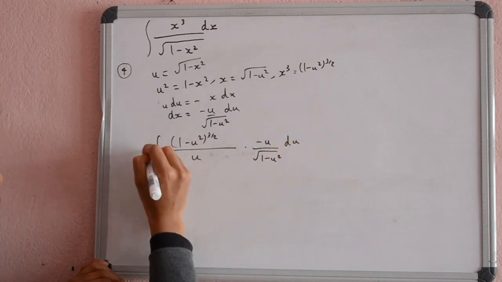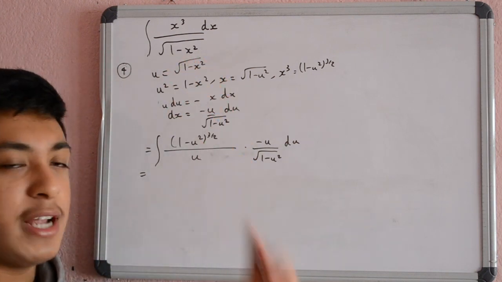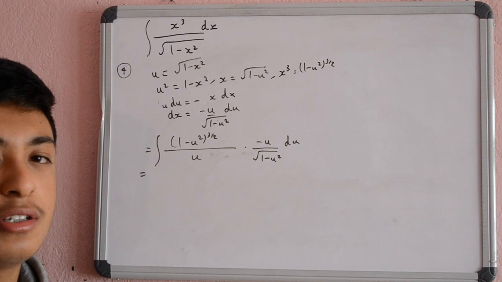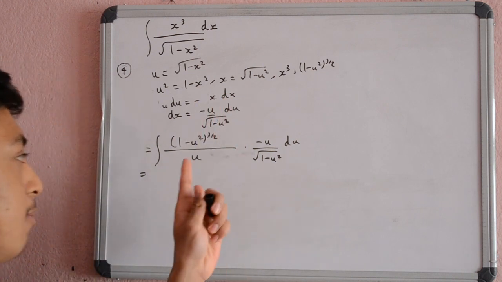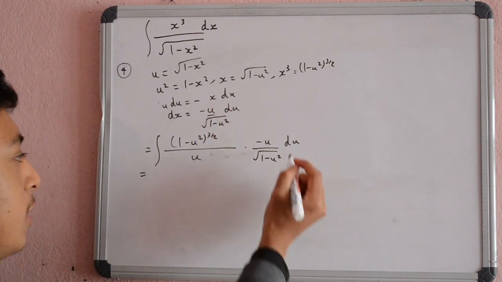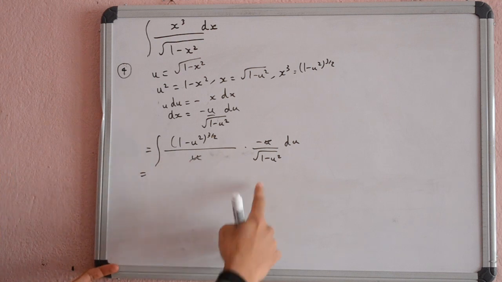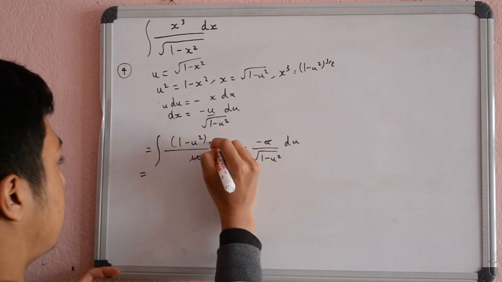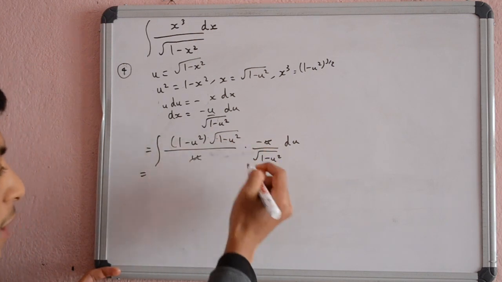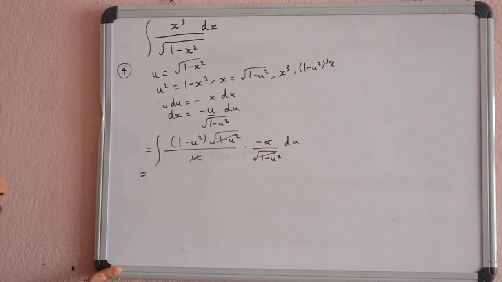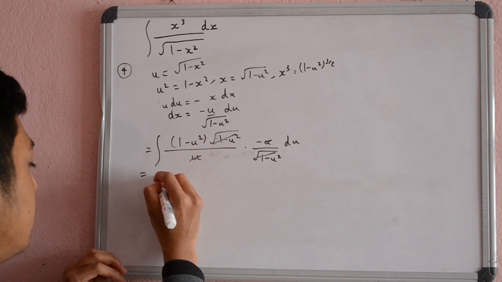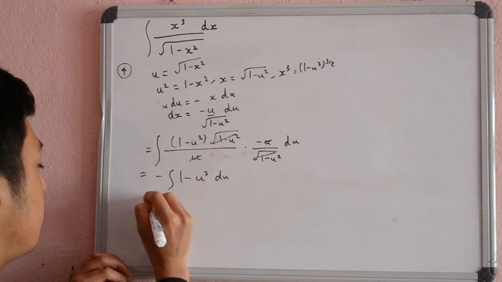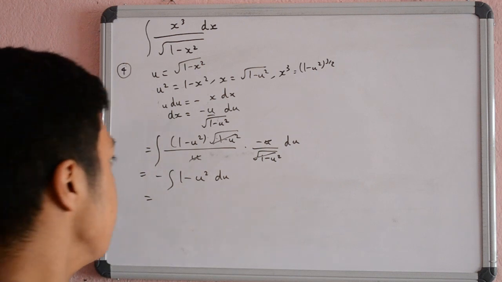So the substitution part and then doing the differentiating, that is a bit more complicated than the others, still very simple, but the integration is very beautiful, because here u and u cancel, and also here you can rewrite this as this into that, and that cancel. So all you have to figure out is the integration of 1 minus u square du, right?